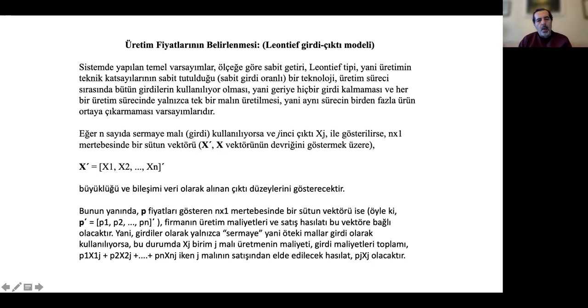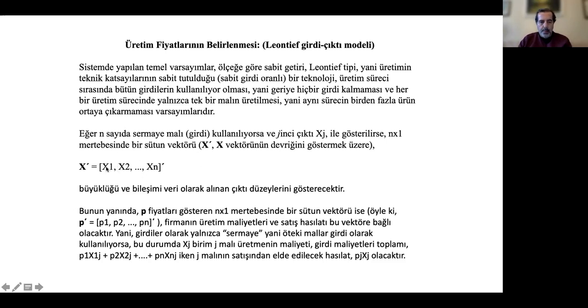In this model, every sector uses the outputs of other sectors as inputs. Of course, this is not true for all sectors, but usually there are relations of interdependence among the sectors, so we need to consider the whole of the economy.